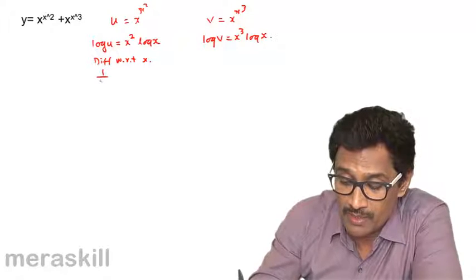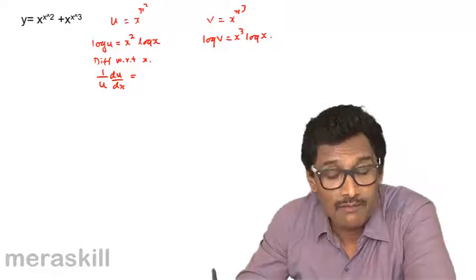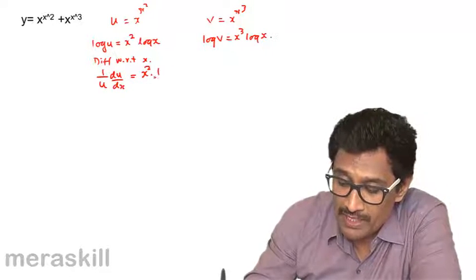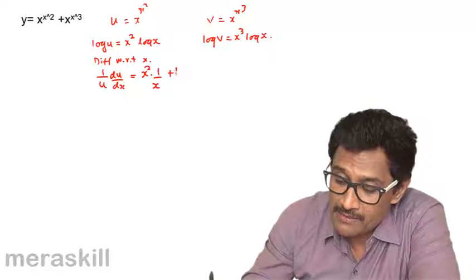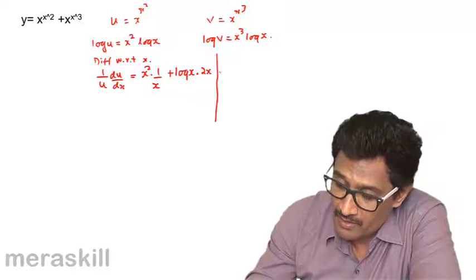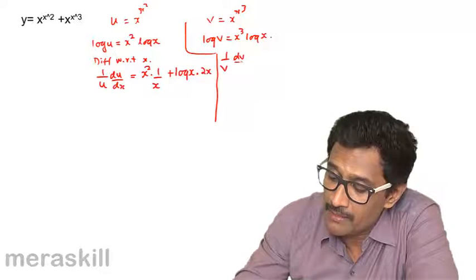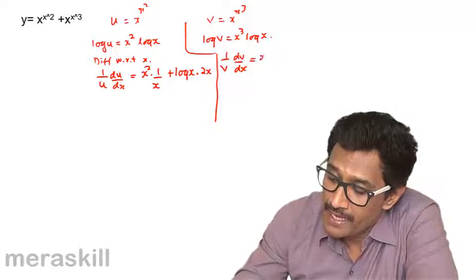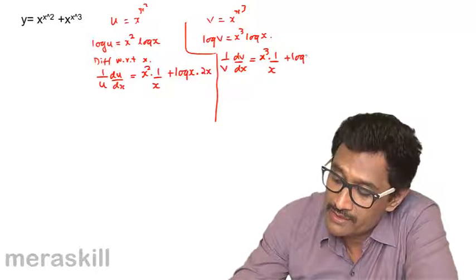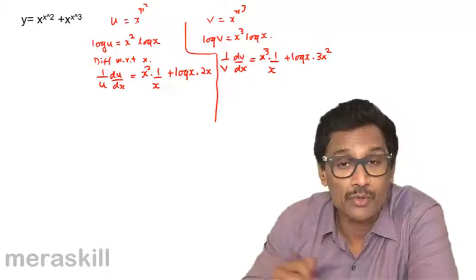So this will give you 1 by u du by dx. Using the product rule, x square into the derivative of log x, that is 1 by x, plus log x into the derivative of x square, that is 2x. Then this one would be 1 by v dv by dx, x cube into the derivative of log x, that is 1 by x, plus log x into the derivative of x cube, that is 3x square.